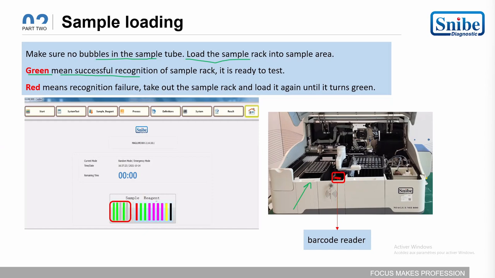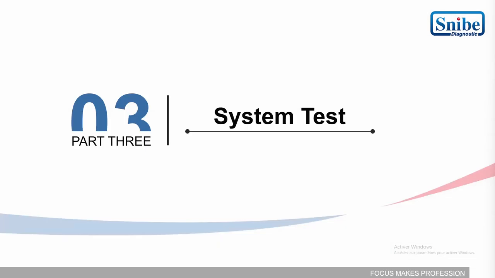Each sample rack has a switch, a sensor detecting the presence or not of the rack. And also we have the barcode reader to scan the labels of the samples. If it is green, then the sample is ready to be used for testing. If it is red, then the recognition fails and you need to remove the rack and try to load again.